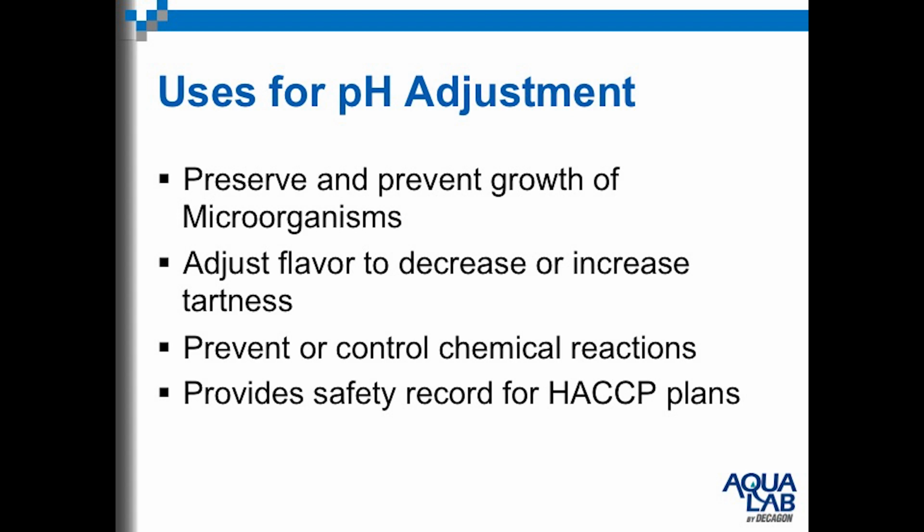So what are the uses for pH adjustment, or having a acidic pH or a basic pH? And again, this comes down to it being an effective way to prevent or preserve foods and prevent the growth of microorganisms.